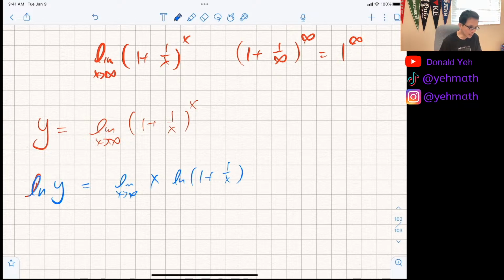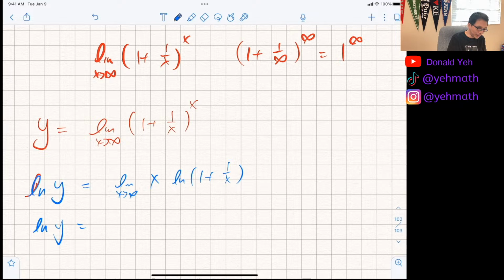Okay. Now, in order to use L'Hopital's rule, it has to be a fraction. Is this a fraction? Well, this part has some type of fraction, but it's not really a fraction. So we're going to use some math magic here. It's witchcraft. No, it's not.